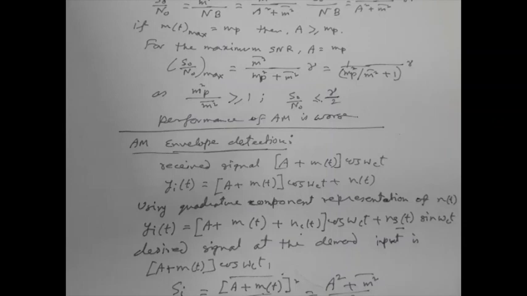Now rewriting this y(t) in polar form. So y(t) equals e_i(t) cos of (omega ct plus angle theta_i(t)).